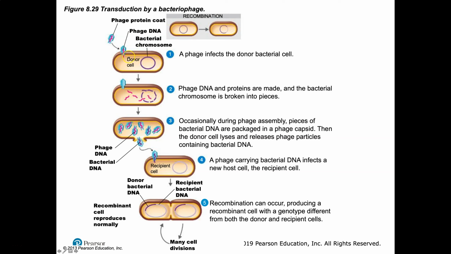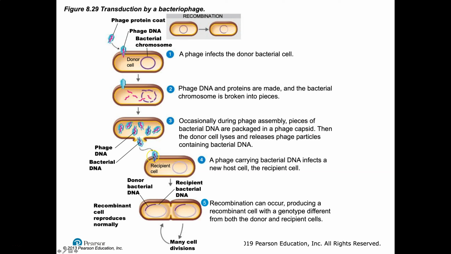And you can see here the phage sends its DNA in, the DNA chops up the host genome, more viruses are made, but instead of making all viruses with only phage DNA, sometimes there are accidents where the DNA from the original bacterial chromosome gets packaged instead.